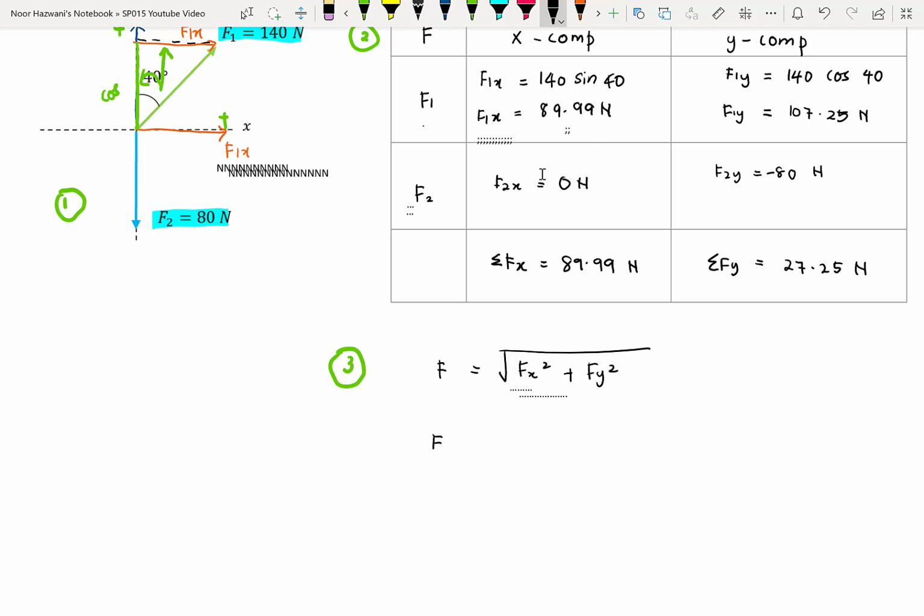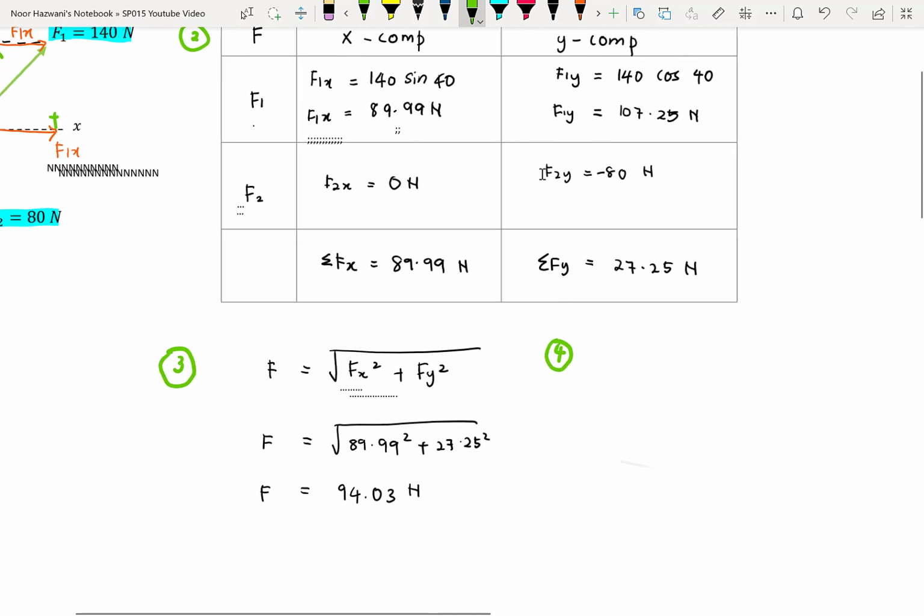And then you make sure you substitute in the value for Fx, which is 89.99 squared, and then we plus 27.25 squared, and then you will get F equals to 94.03 Newton.